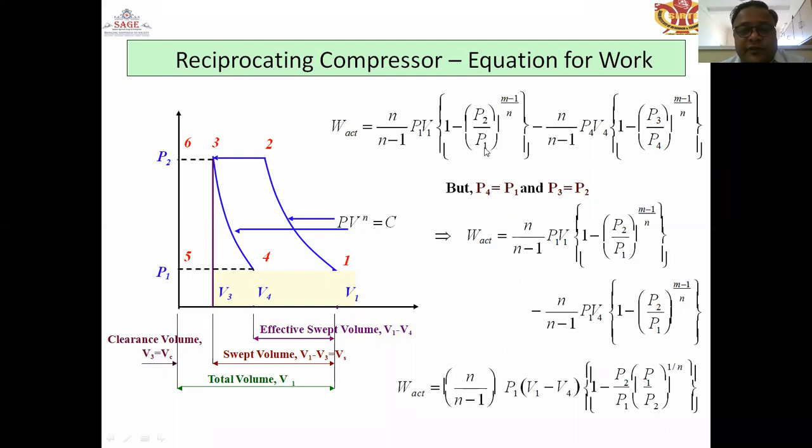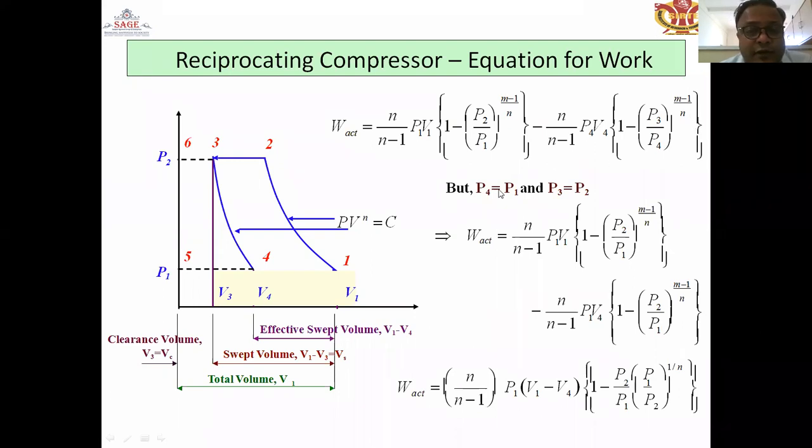For the compression process, the work done is equal to n upon n minus 1 P1 V1, the initial pressure and volume, in the bracket 1 minus (P2 by P1) to the power of (n minus 1) by n, minus the clearance volume work done, which is n upon n minus 1 P4 V4 in the bracket 1 minus (P3 by P4) to the power of (n minus 1) by n.